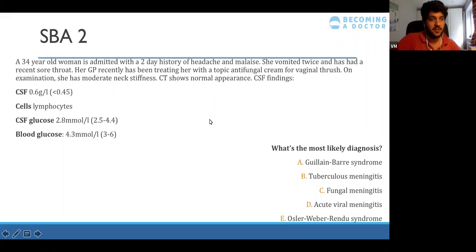The CSF shows high pressure, lymphocytic infiltration, glucose is normal. And the options for you are Guillain-Barré syndrome, tuberculous meningitis, fungal meningitis, viral meningitis, or Osler-Weber-Rendu syndrome.